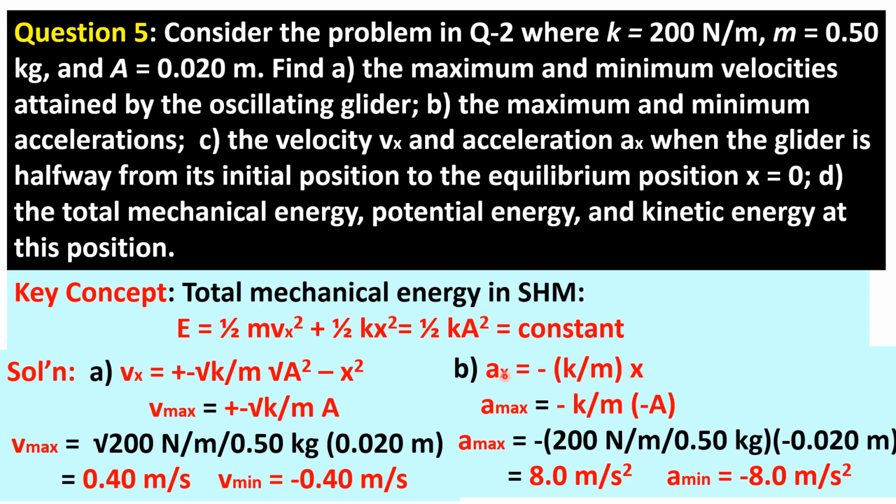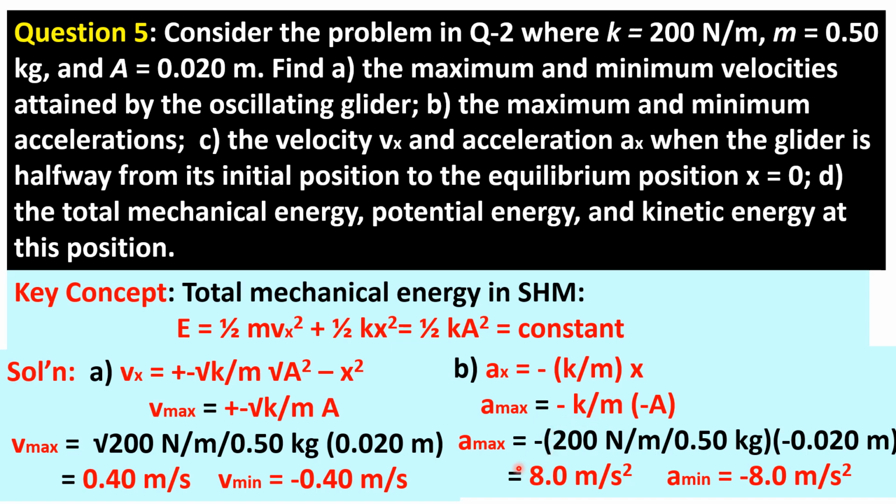And maximum acceleration happens when the value of x is equal to the amplitude. So that maximum acceleration happens if our amplitude is that of a negative displacement x. So we will have a double negative.